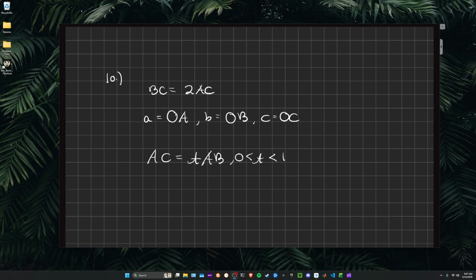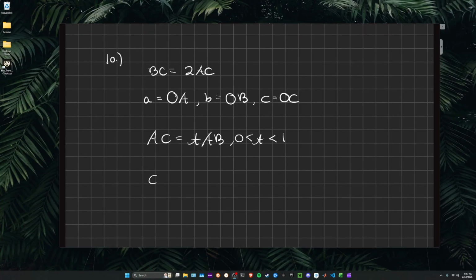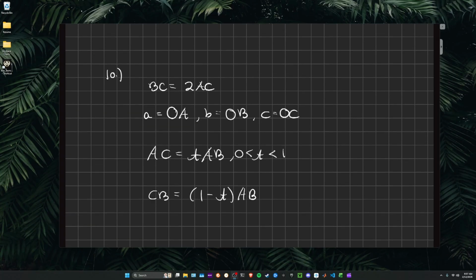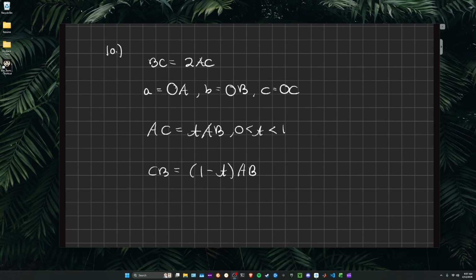Now we can find an expression for CB. CB would be the same as AB, but by some algebra, it's a constant multiple, 1 minus T, times AB. Just use the definition from above.